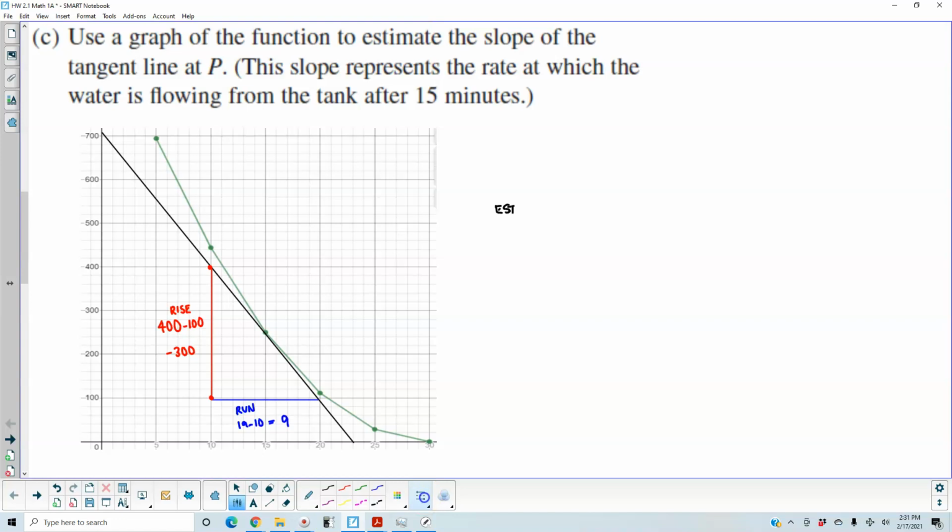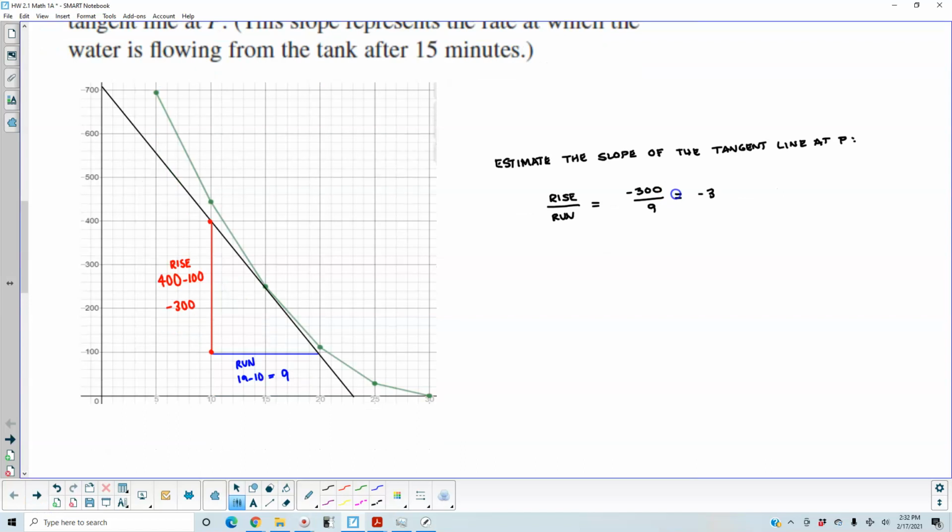And so estimating the slope of the tangent line at P is taking the rise over the run, which is equal to negative 300 divided by 9, which is equal to negative 33.3 repeating.